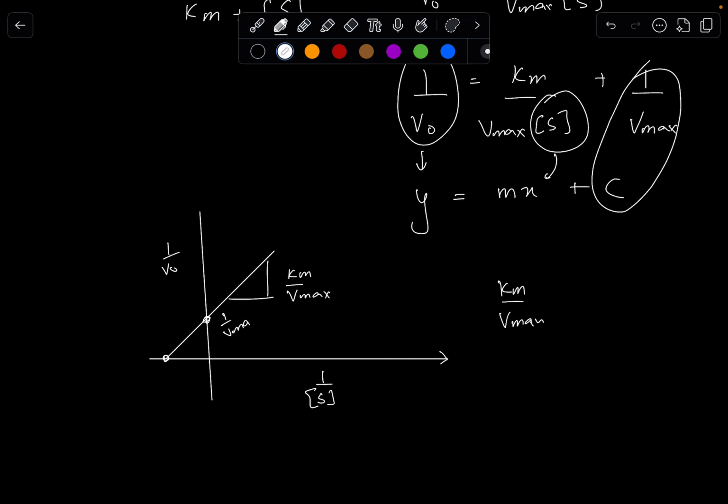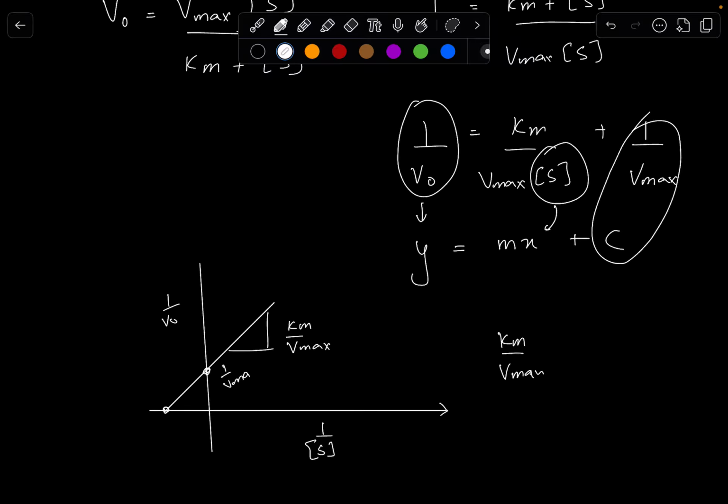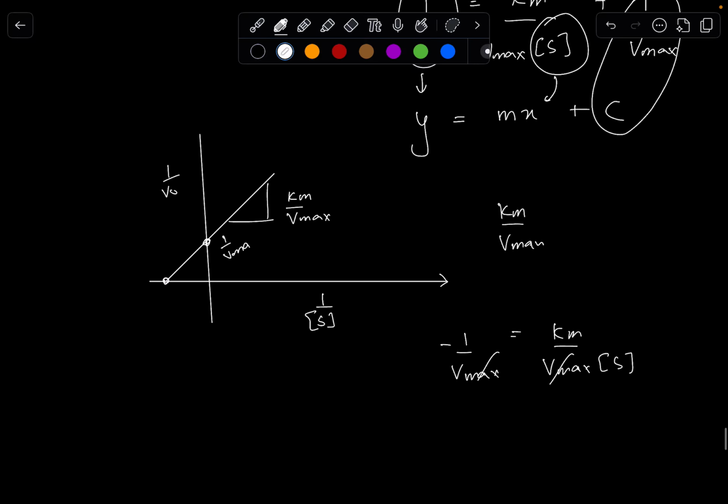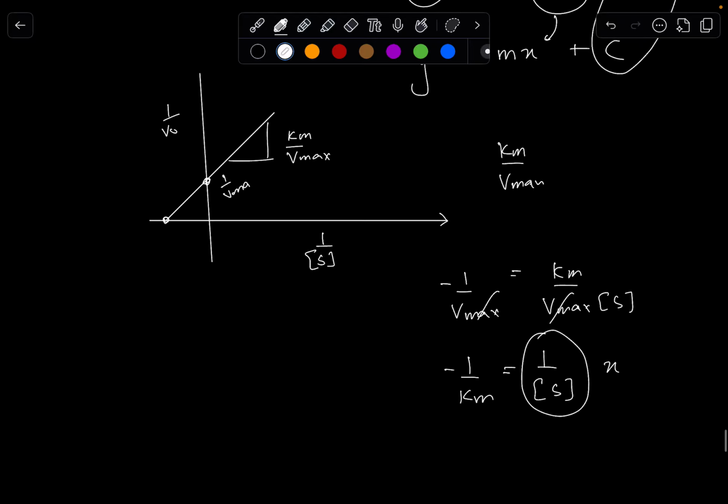And then what is my x-intercept? Well, that's very easy. If I say y equals 0, I'll have negative 1 over Vmax equals Km over Vmax S. The Vmax cancels out. And so I see negative 1 over Km equals 1 over S. So this being my x equals negative 1 over Km.